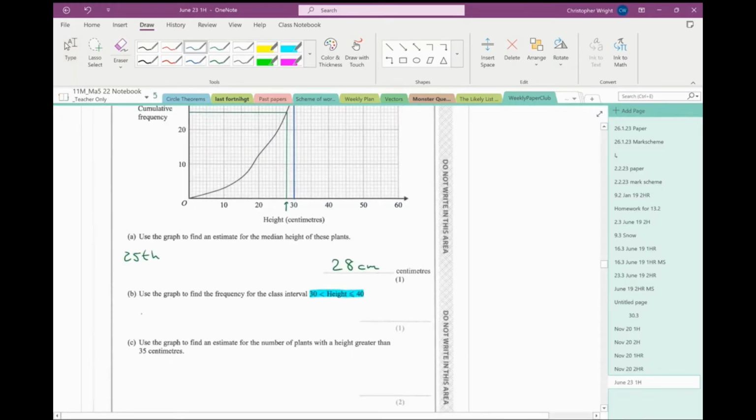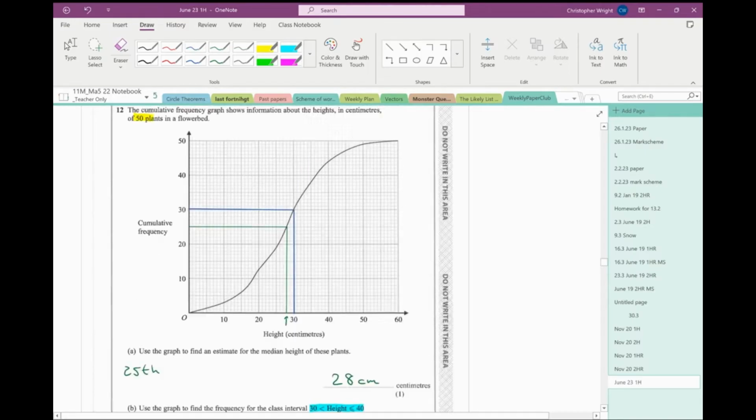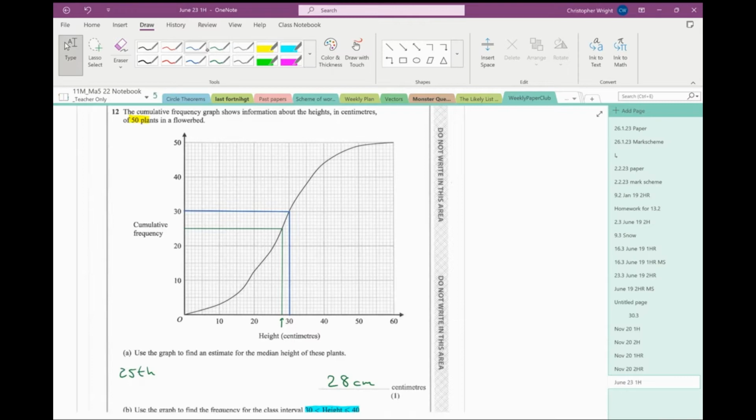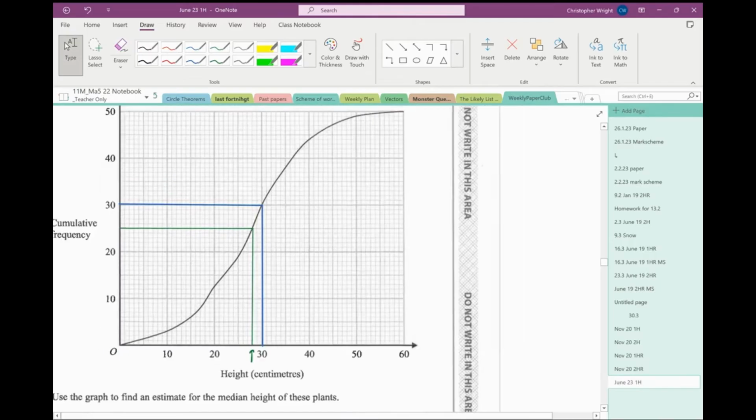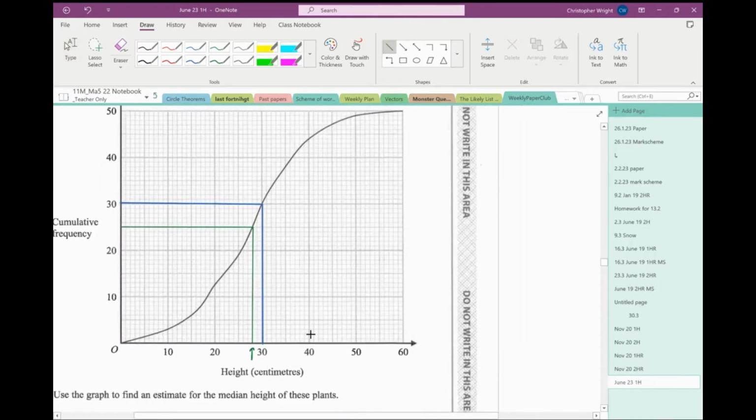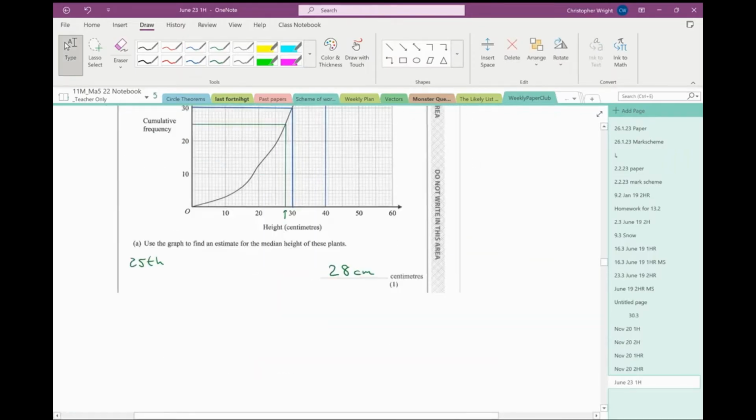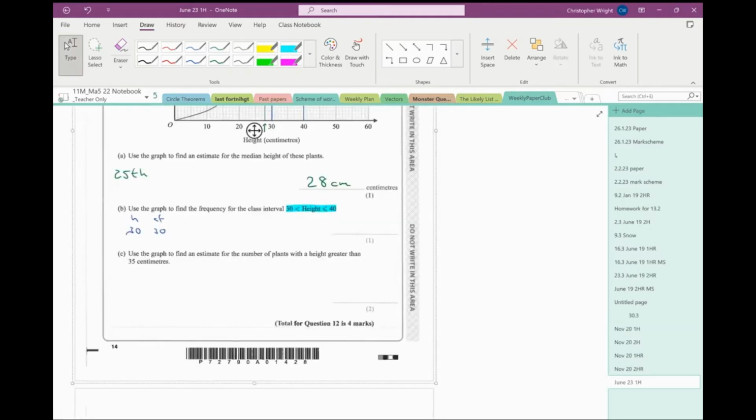So at the height of 30, I have a cumulative frequency of 30. And what about when the height is 40? Let's have a look. When the height is 40, I'm going to have a cumulative frequency of 44. Which means that there must be 14 in that class interval.